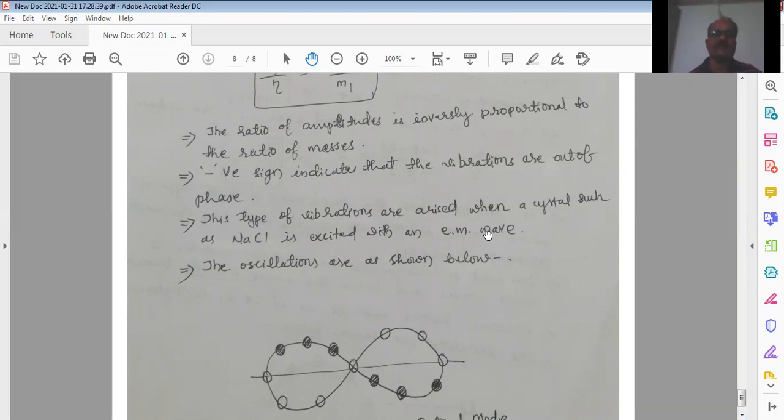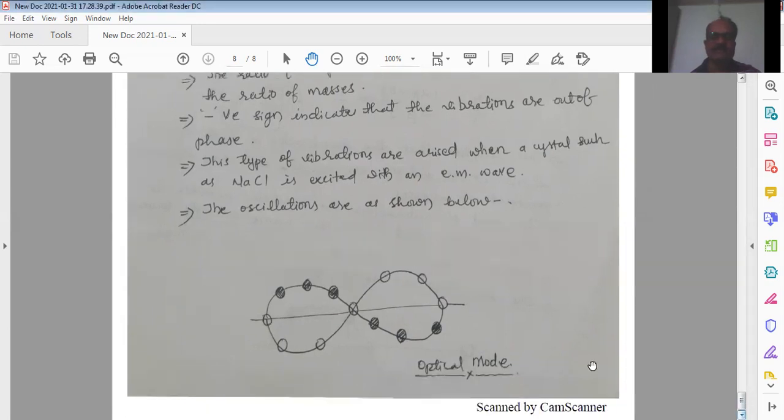When an electromagnetic wave or light energy falls on such a diatomic lattice, this type of vibration is possible, and hence it is called the optical branch. The oscillations are as shown in this diagram. You can see one type of wave going up and the other type coming down.